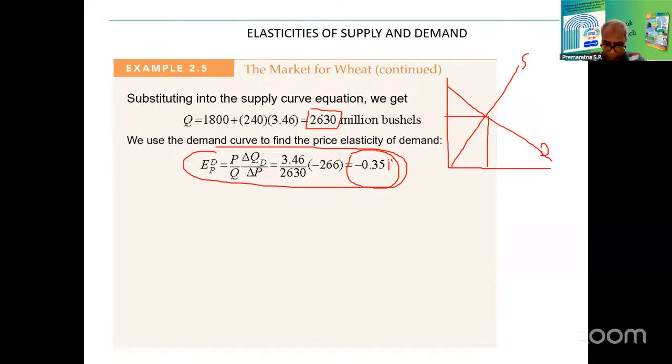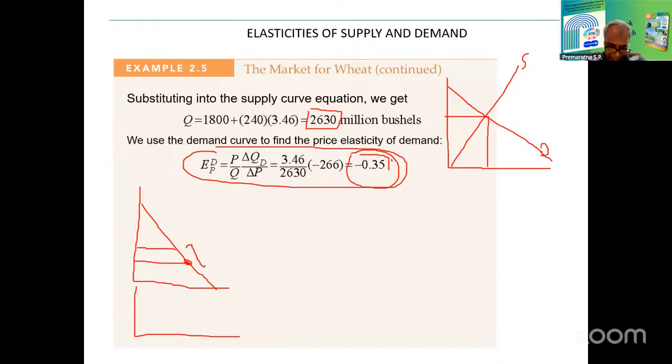Now, for example, here, like we discussed before, the price is somewhere here, below the average mid price, and it's in the inelastic range.